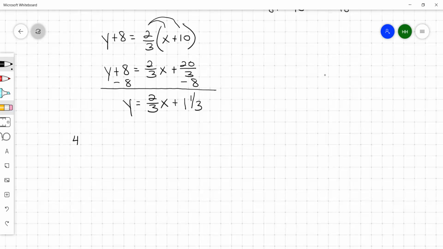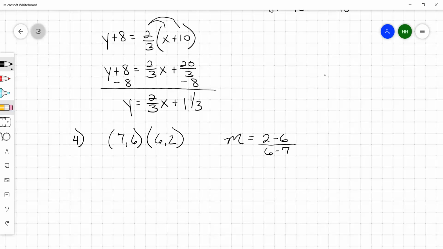Number 4. Number 4 says, what is the equation for a line that passes through the points 7, 6, 6, 2? And all of the equations are in point slope form. So what we're going to do here is we're going to find the slope. We're going to do that by 2 minus 6 divided by 6 minus 7. 2 minus 6 is -4. 6 minus 7 is -1.